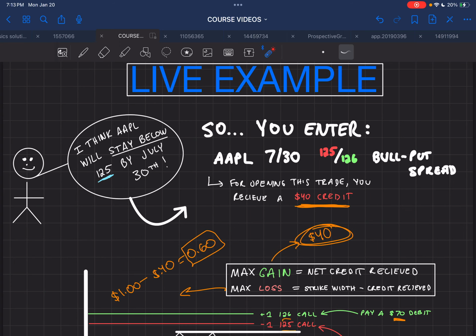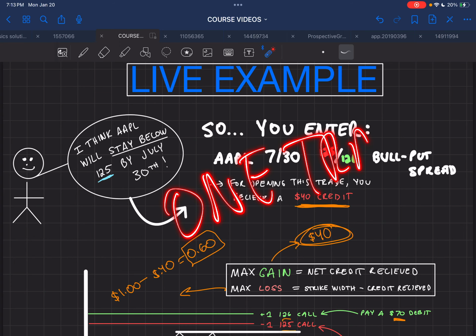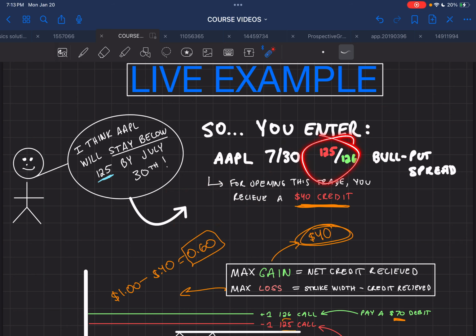And remember, we're entering this as one trade. We're not entering this separately. So you can enter this as one trade, and you can get all your risk and reward metrics in that order screen. So I copy this text over, so let me erase this because it's not a bull put spread.